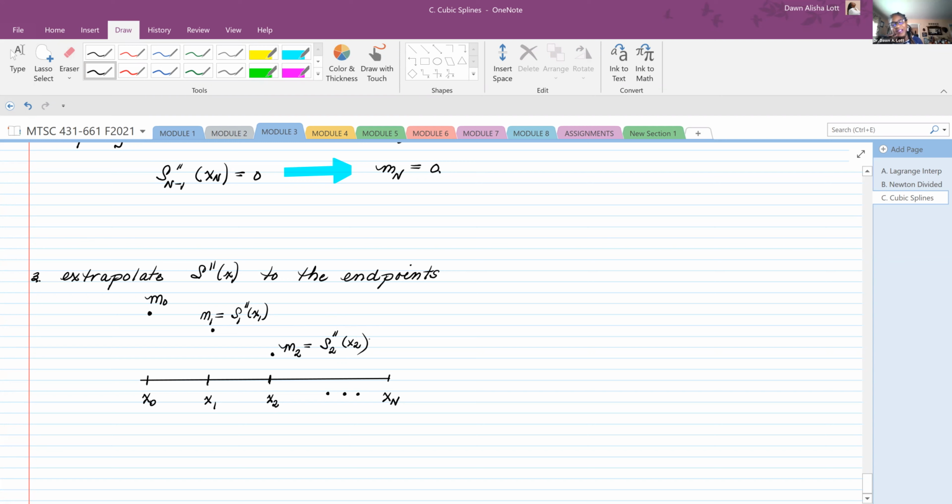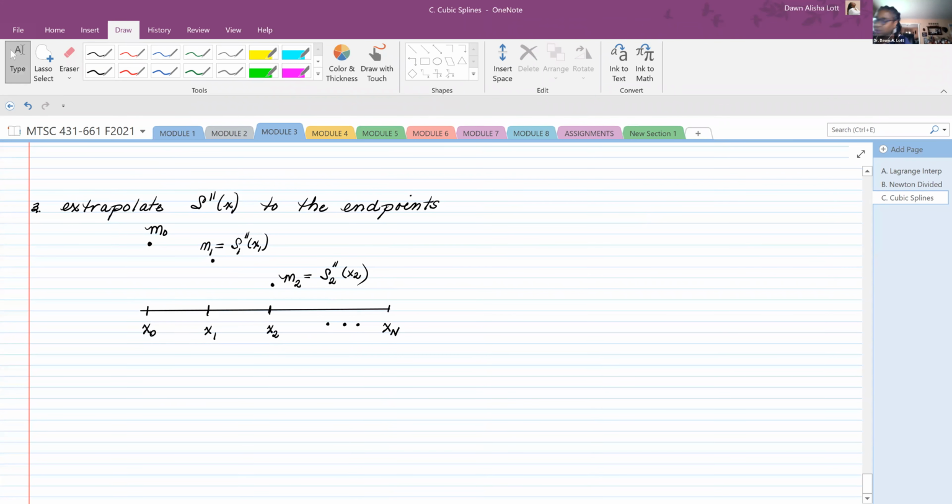So on the left-hand side, I have those 3 points. So I want to extrapolate. So I'm just going to do a relationship between the slopes M1, M2, and M naught in order to figure out what M naught is.